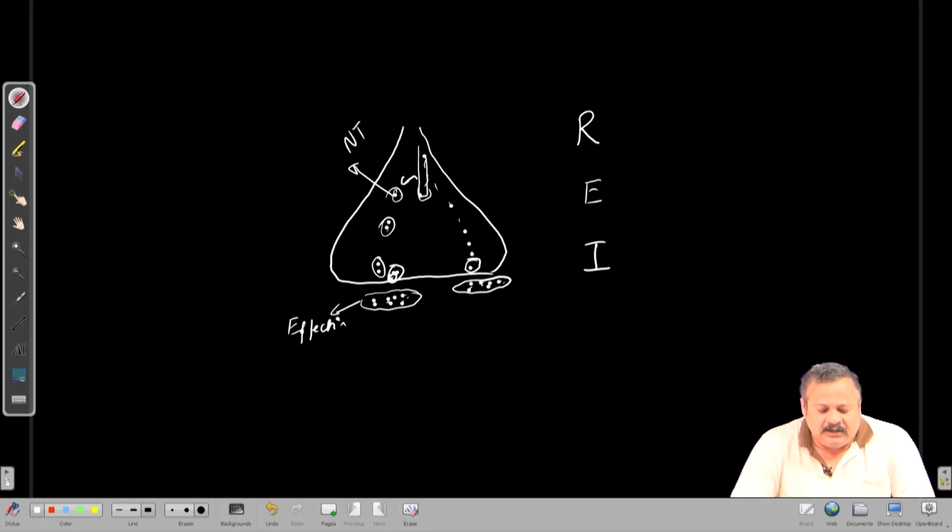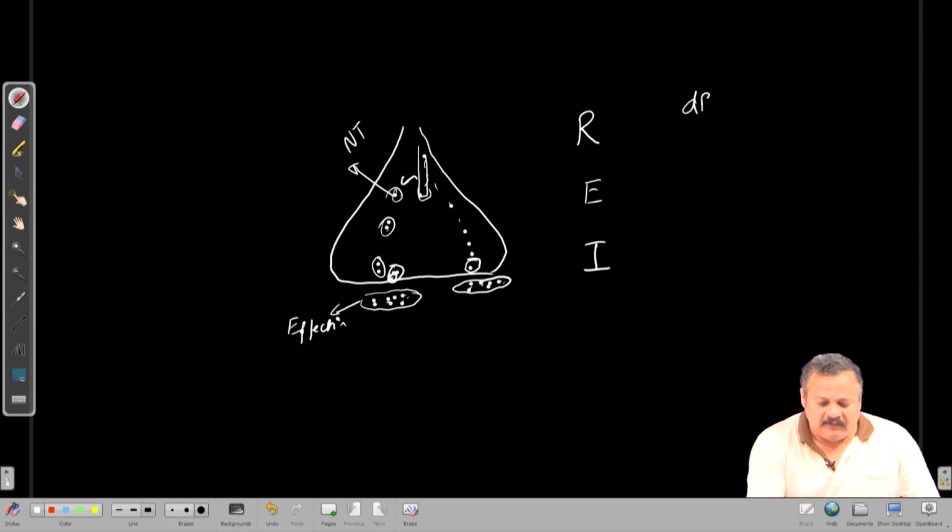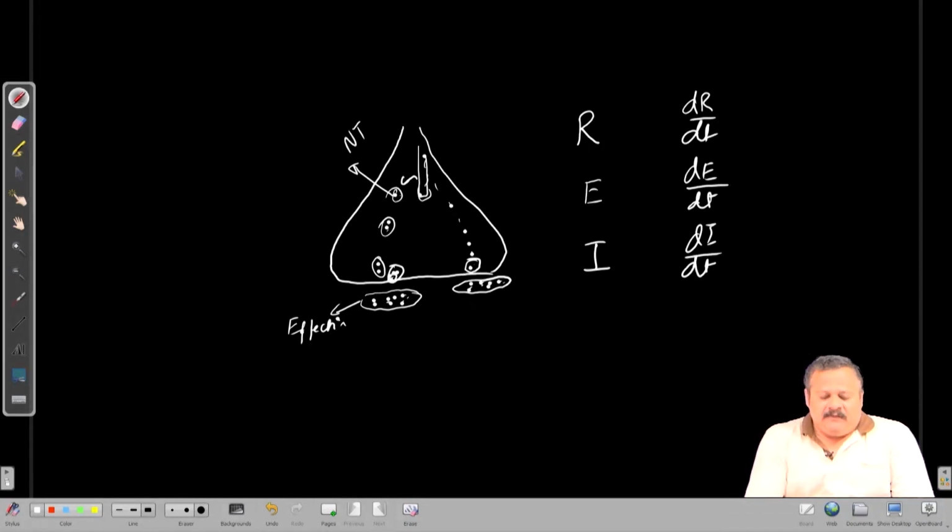With three differential equations, we could describe how the neurotransmitters would be in the different states if we have activity, and how with more activity this kind of model, where we have dR/dt, dE/dt and dI/dt, shows the behavior that we see with synaptic depression.